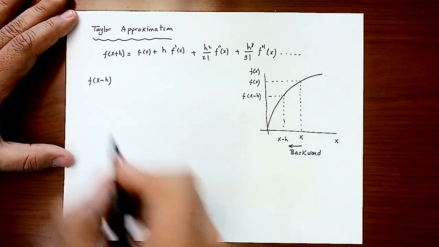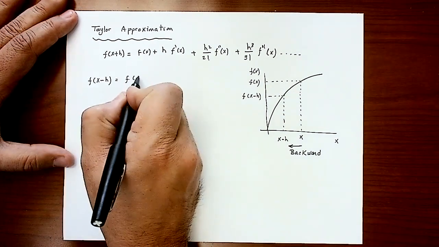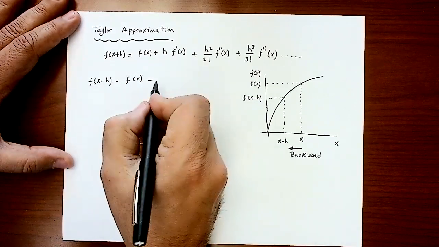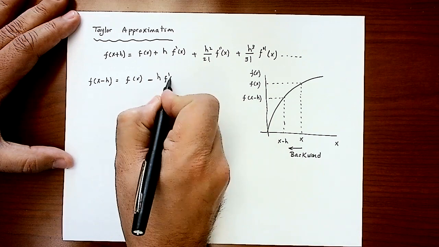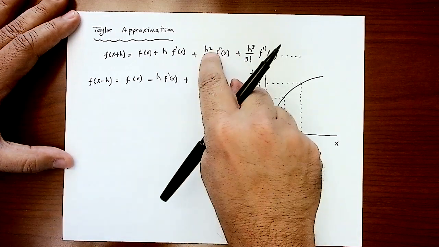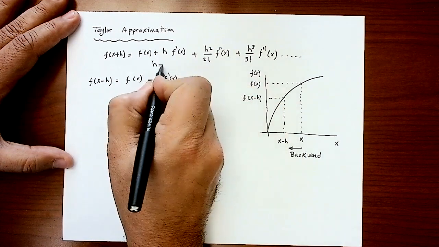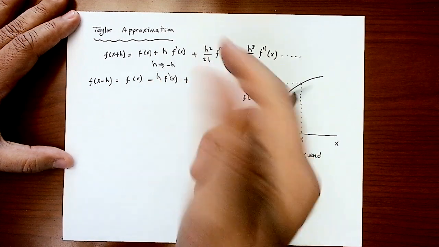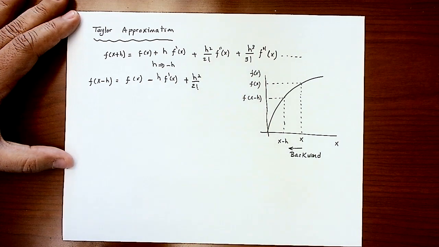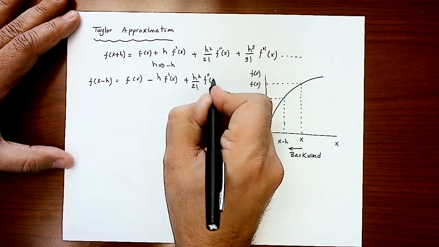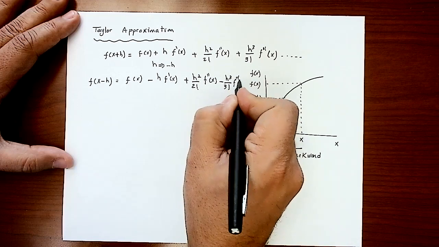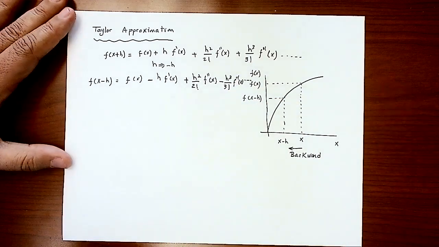So this will give me f of x, minus h f prime of x, plus, since h is replaced by minus h but it's still squared, plus h squared over 2 factorial f double prime of x, minus h cubed over 3 factorial f triple prime of x, and so on, right?